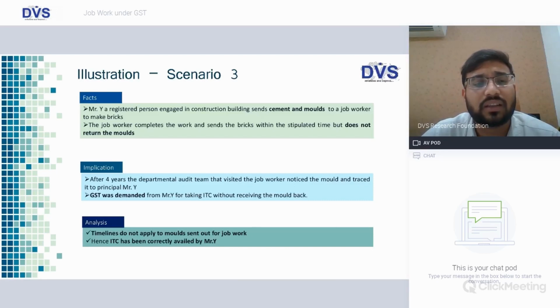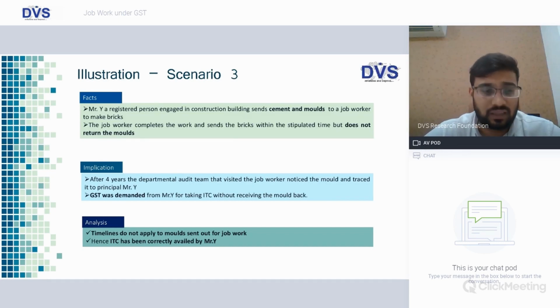Illustration 3, Mr. Y, a registered person engaged in construction of buildings, sends cement or molds to a job worker to make bricks. The job worker completes the work and sends the bricks within the stipulated time but does not return the molds. After 4 years, the departmental audit team that visited the job worker noticed the mold and traced it to principal Mr. Y. GST was demanded from Mr. Y for taking ITC without receiving the mold back.